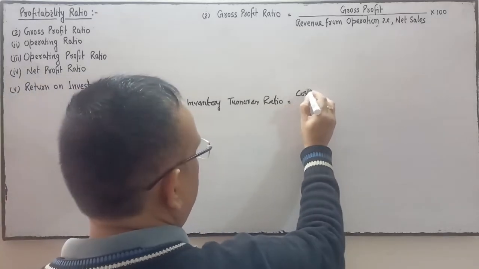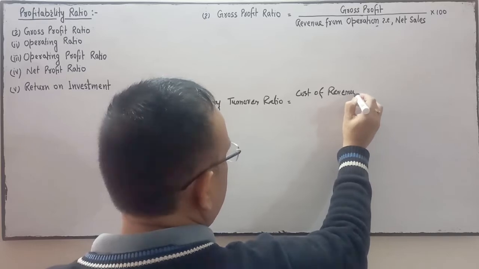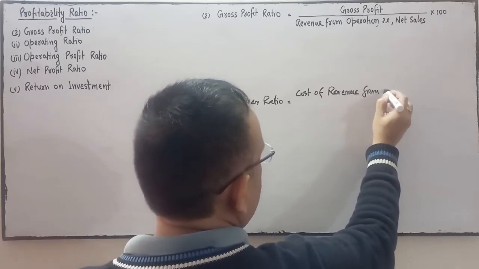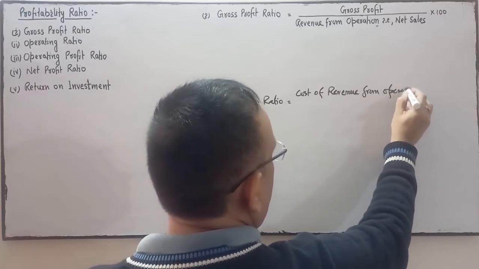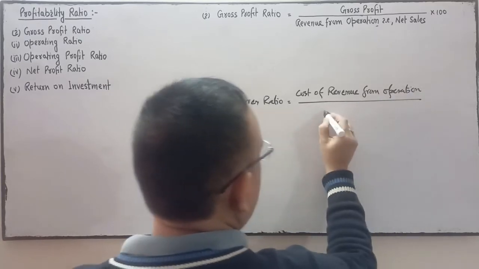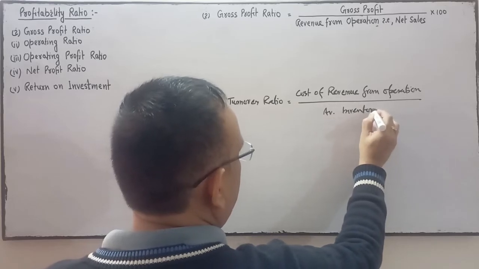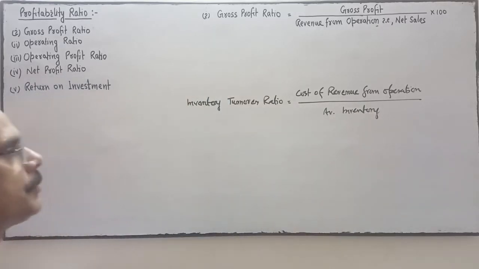Cost of revenue from operation upon average inventory. Yes, this is the formula of inventory turnover ratio.